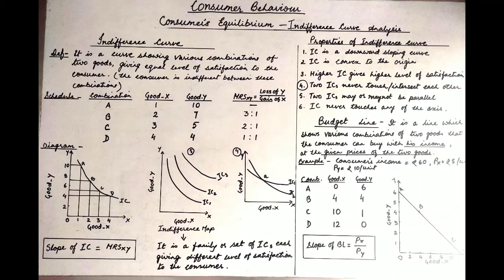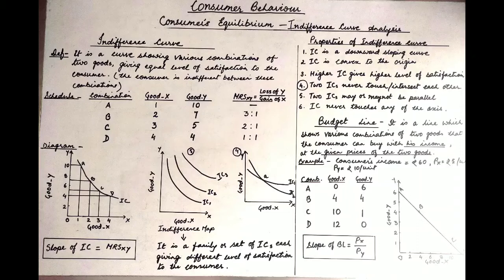Now there are two other properties also. They are two indifference curves may or may not be parallel. Two indifference curves will be parallel to each other or not depends on the value of marginal rate of substitution.